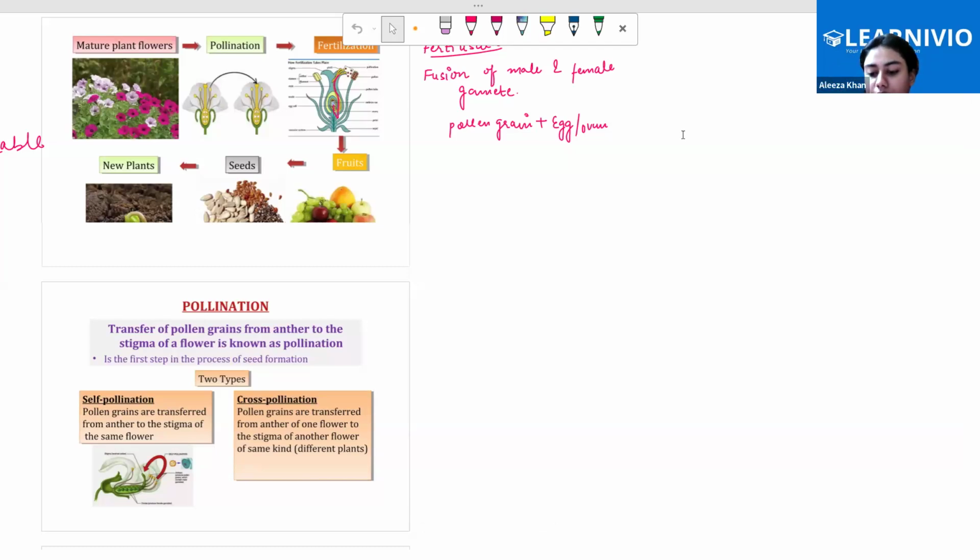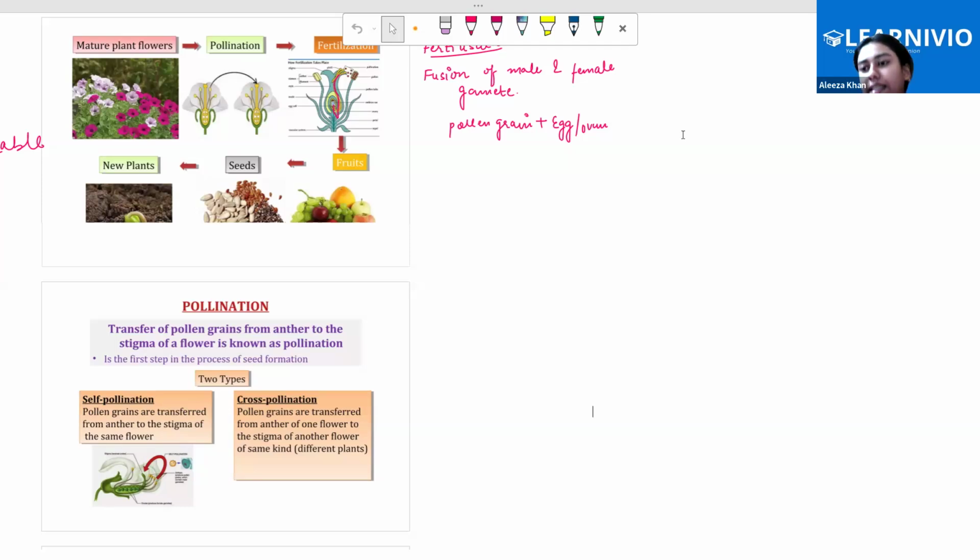In the pistil, it's known as ovum, or the egg in the female, and it's present in the ovary, which contains ovules. What all are the parts of your female reproductive system? Ovary, stigma, style.